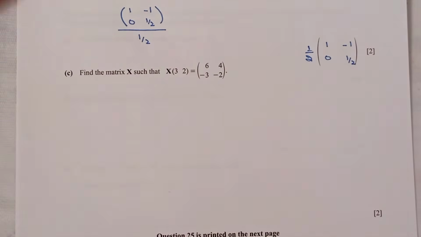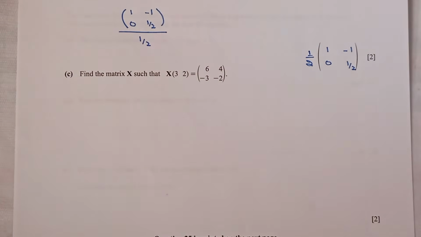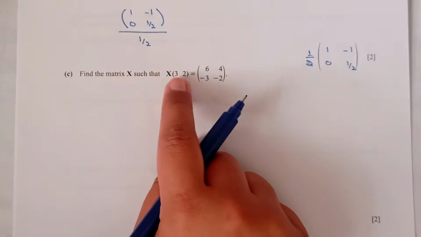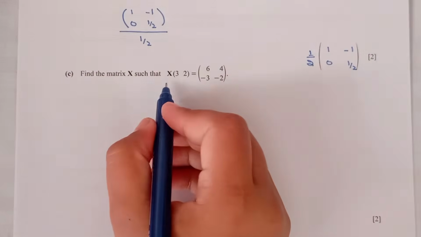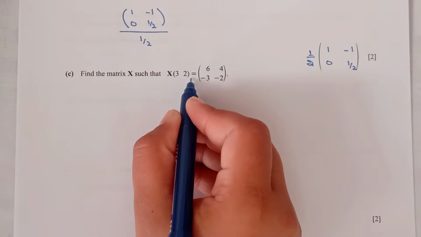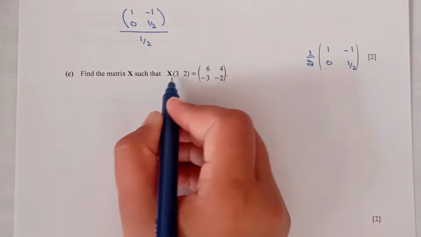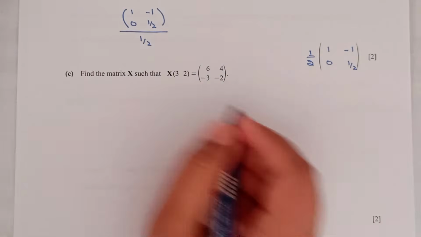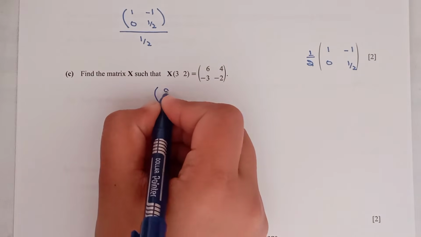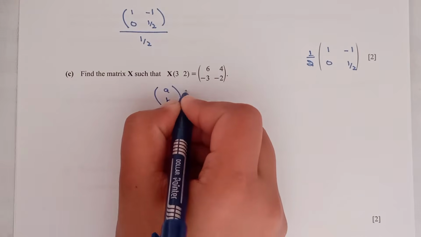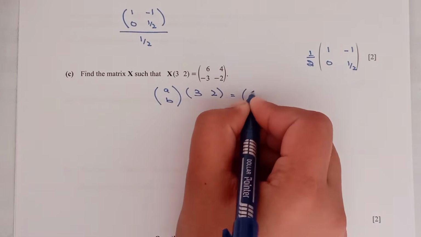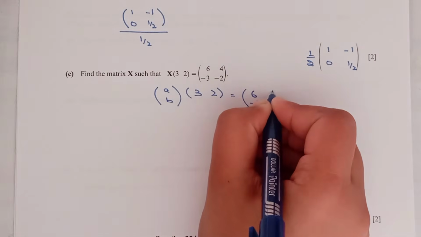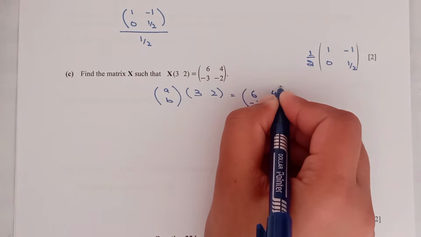Now for the C part, find the matrix X such that X times (3, 2) would be equal to this matrix. Okay, X times some row matrix gave us a 2 cross 2 matrix. It means X must be a column matrix. So a column matrix a and b times the row matrix (3, 2) gives us the 2 cross 2 matrix 6, negative 3, 4, and negative 2.